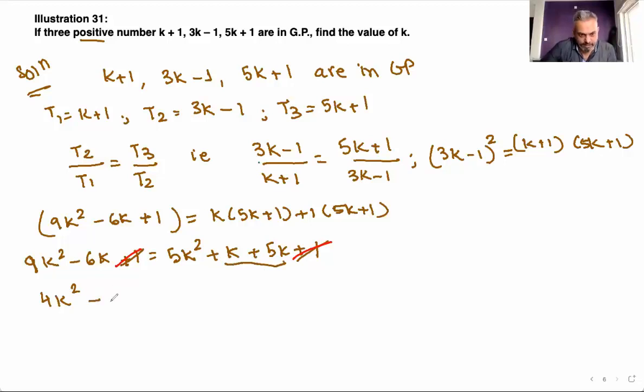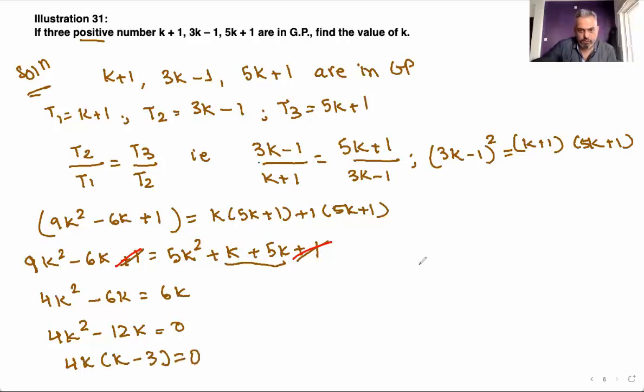So I'll write minus 6k is equal to 6k. Now what happens to this? 6k comes over here, so it becomes minus. So 4k square minus 12k is equal to 0. So now 4 common, 4k into k minus 3 is equal to 0.